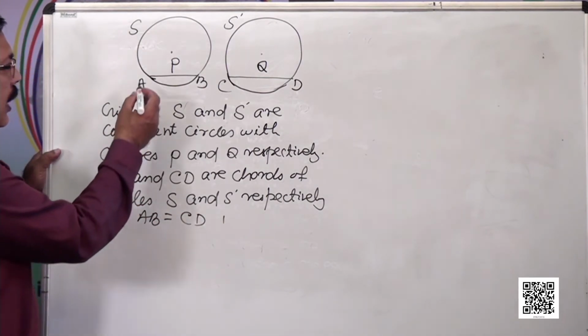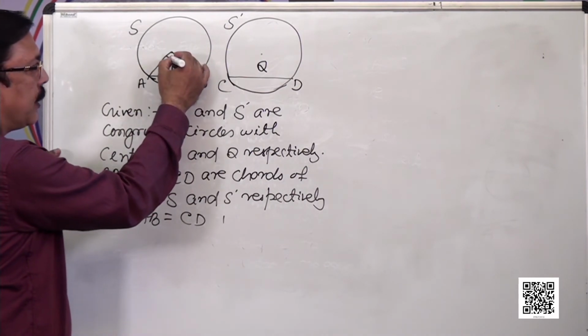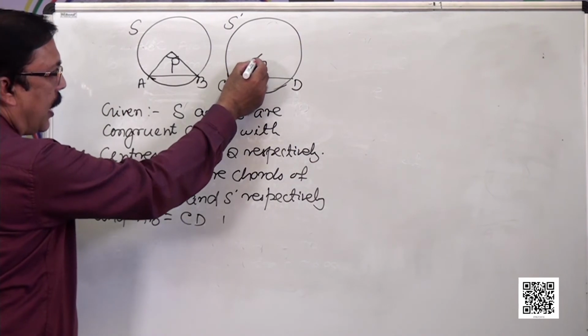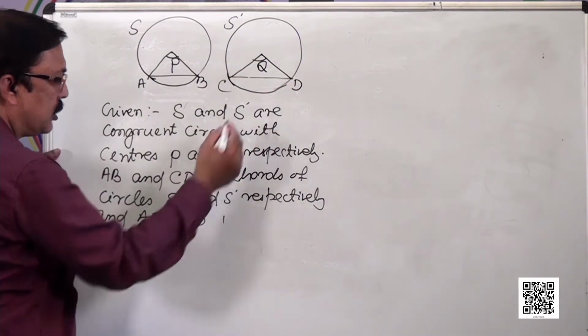Now angle subtended at center by AB is angle APB. Similarly, angle subtended by chord CD at Q is angle CQD.